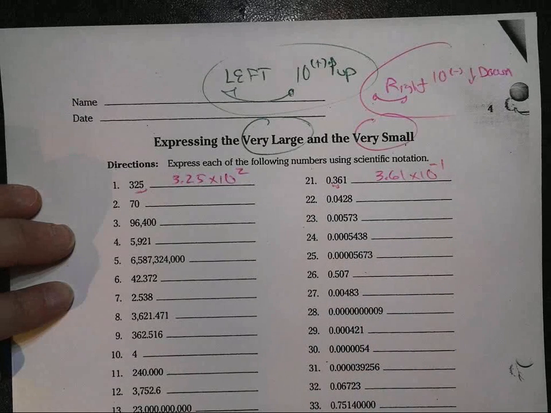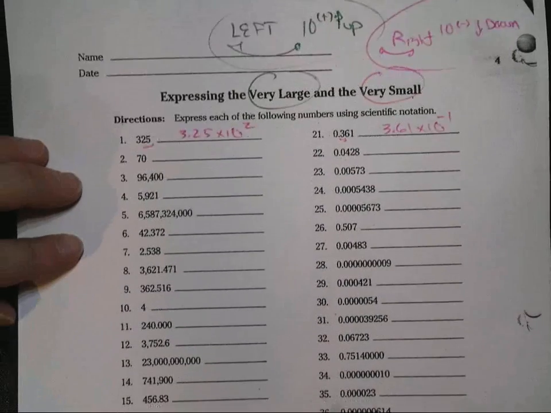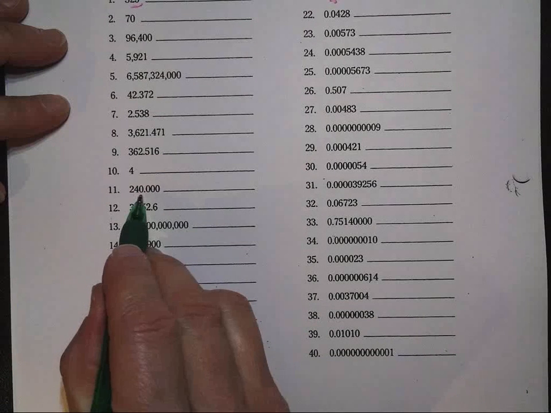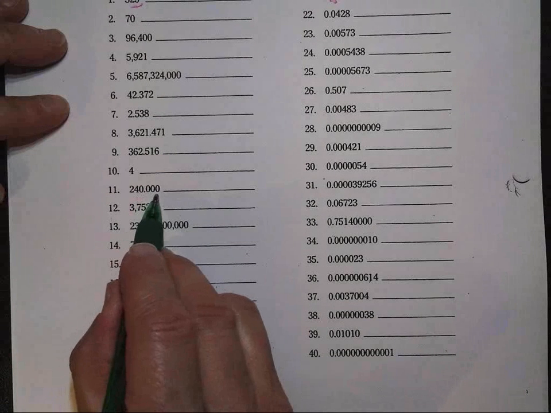Now, there's something we haven't talked about yet, and that's significant figures. When you do scientific notation these days in physics, you have to include the sig figs when you make the transfer into scientific notation. So if we look at a problem like number 11, jump to 11, everybody. Notice that it's 240.000.